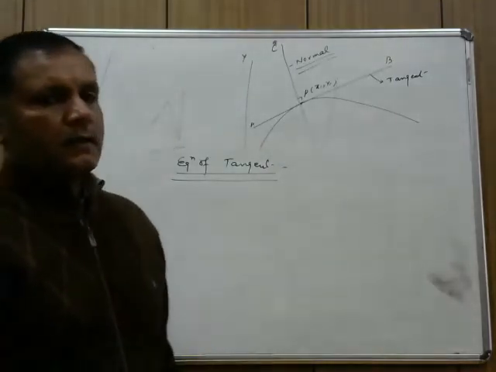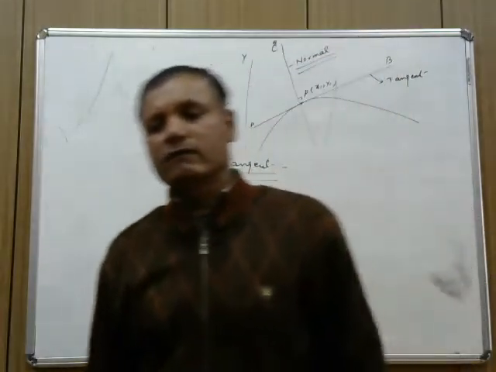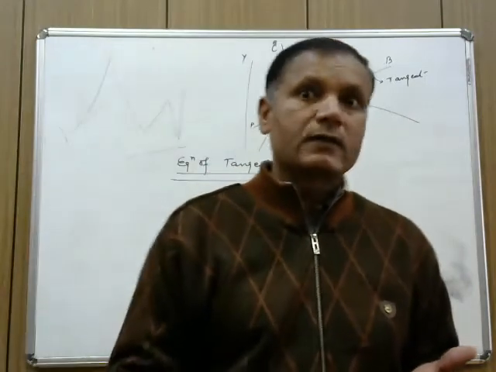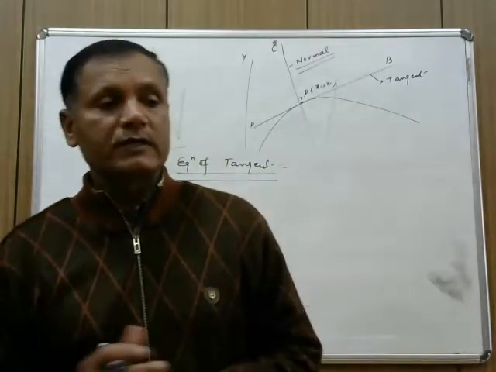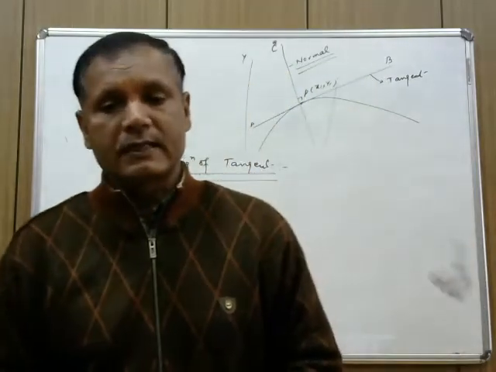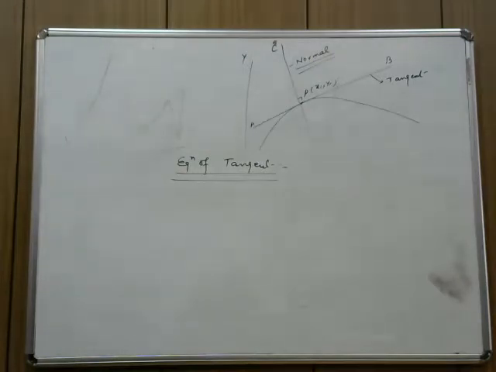See, throughout the whole discussion we have discussed what is required to have the equation of tangent. First of all, you should have the point at which we are going to draw the tangent. That point is a must. Second thing, what is the slope of that tangent? Then only you can do it.